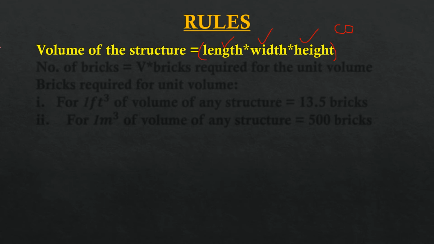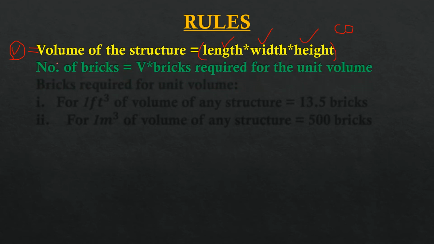Once you have calculated the volume V of the structure, then you have to calculate the number of bricks. The number of bricks for any volume V is equal to the total volume of the structure multiplied by the bricks required for the unit volume.